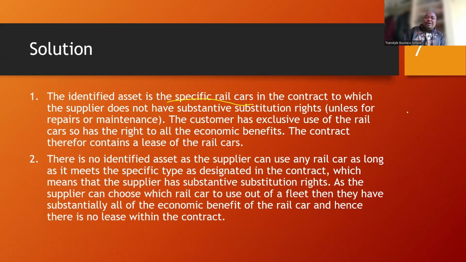The customer has exclusive use of the rail cars so has the right to all the economic benefits associated with the use of those cars. The contract therefore contains a lease of the rail cars. This one is a lease.